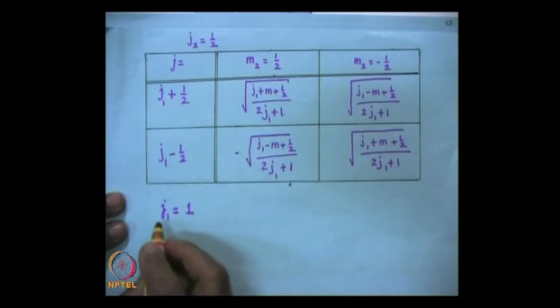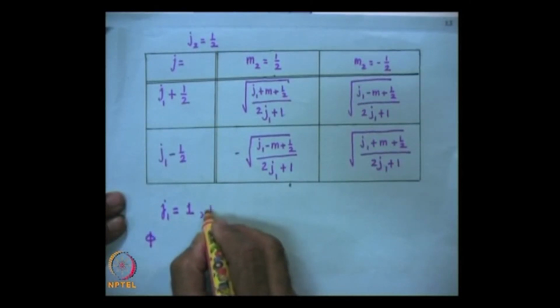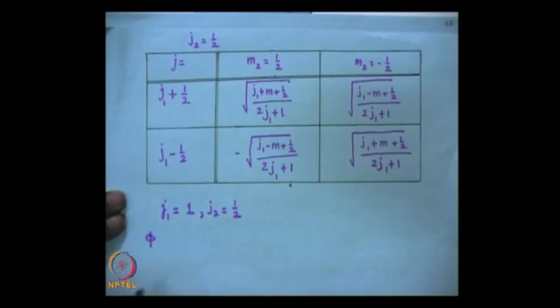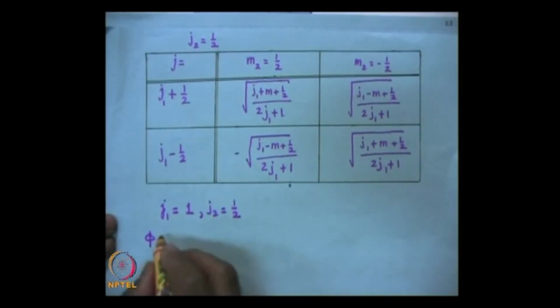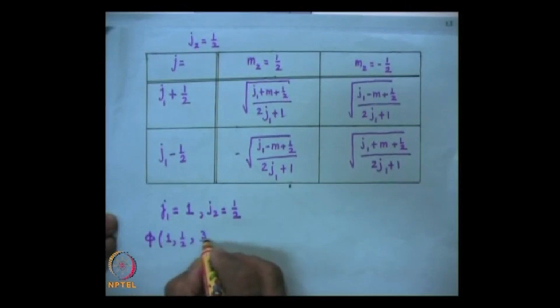Okay. So, this tells us that the phi function, let me take 3 by 2. So, j1 is equal to 1 and j2 is equal to half. So, you have phi with j1 is 1, j2 is half, j is let us suppose 3 by 2, and let us suppose m.